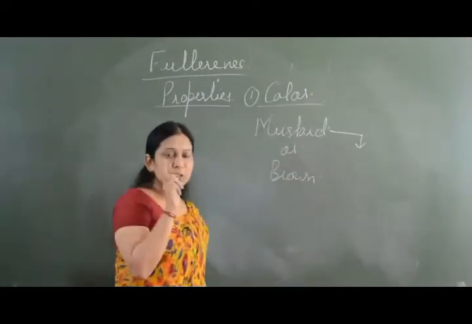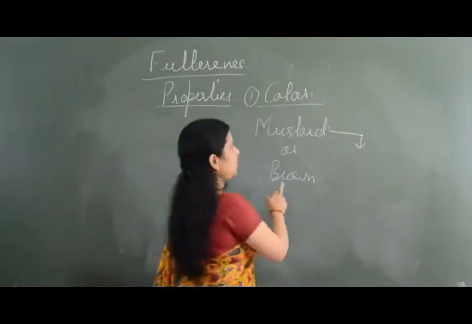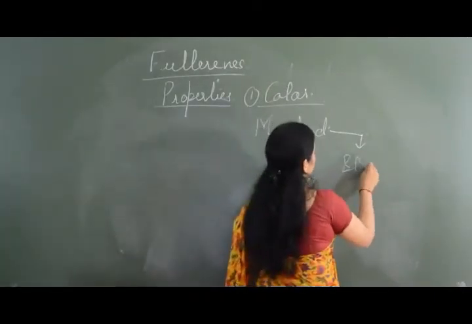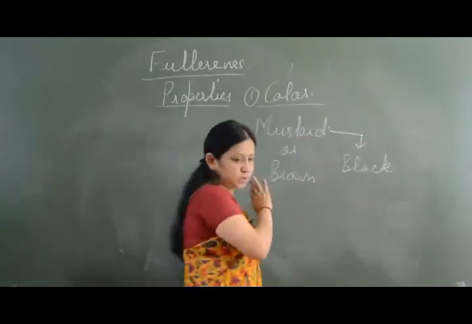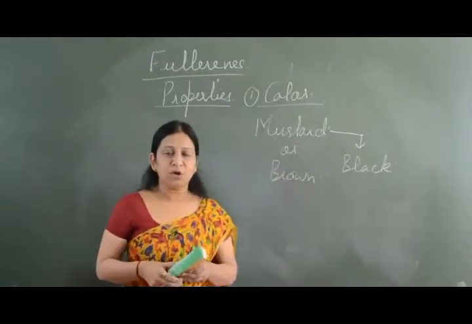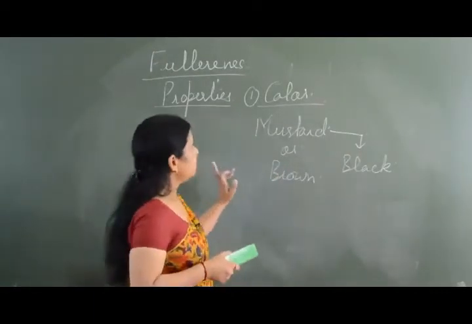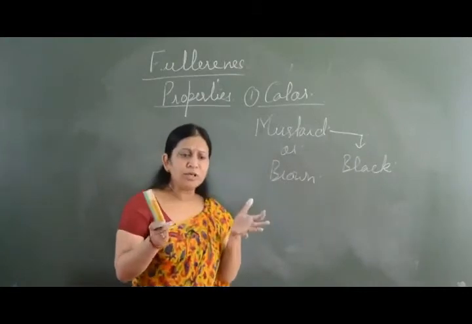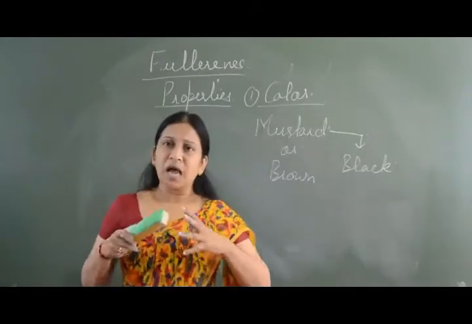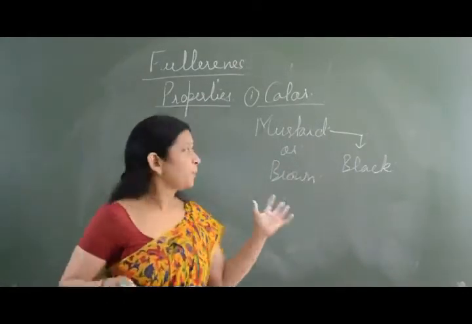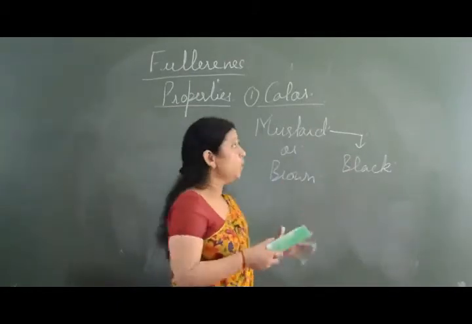But as the size of fullerene increases, the mustard or brown color changes to black. So this is the physical appearance of fullerene: the small fullerenes are of mustard color, but as the size increases, the color changes to black.